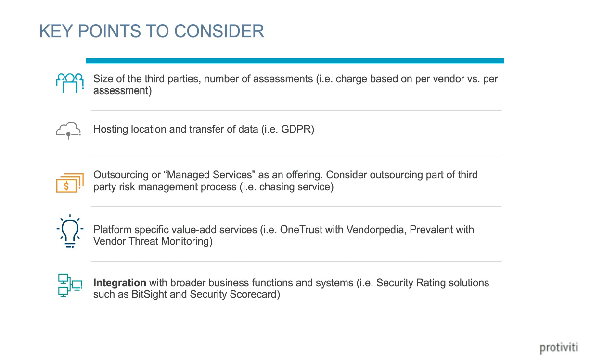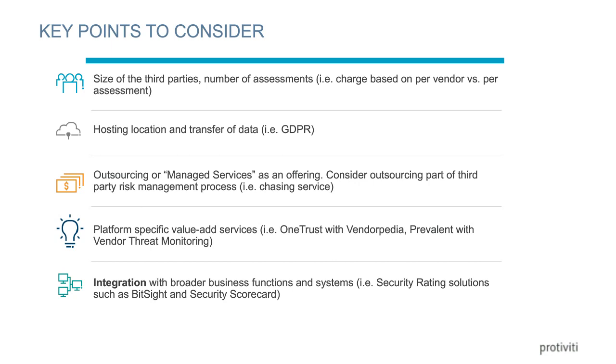The second last thing is the value-added services, which highlights the vendor security scanning services that some platforms provide. As you mentioned, OneTrust does have the proprietary Vendorpedia, where they have a library of certifications and assessments for well-known vendors, and that can be shared by the users of the platform.